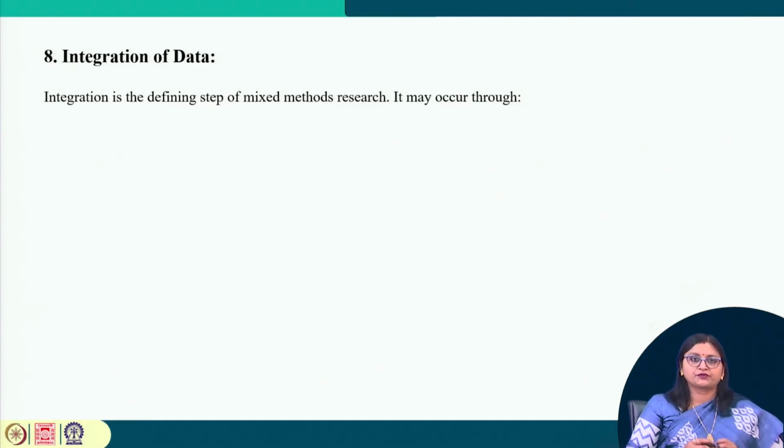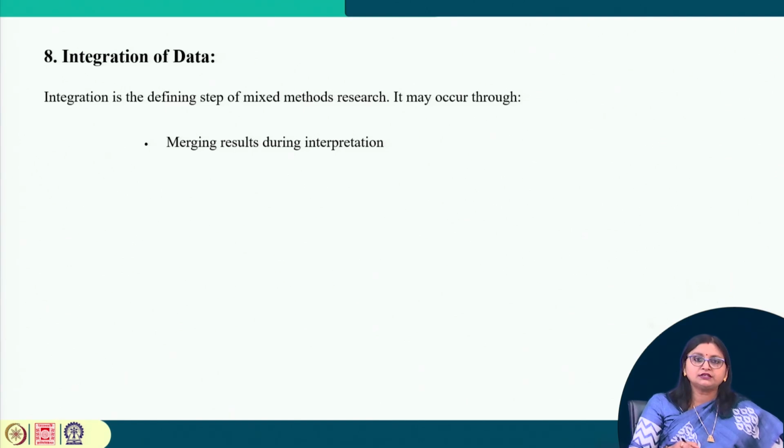Integration is the defining step of mixed method research. It may occur through different processes, but remember, this integration of data step you cannot leave, because if you are not integrating the data collected through either quantitative or qualitative method, your mixed method research will not be complete.